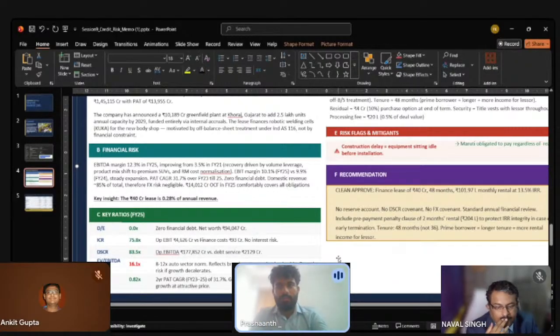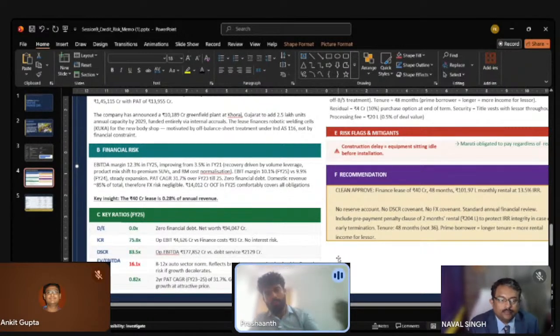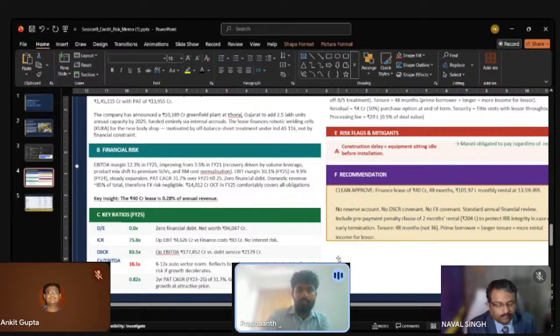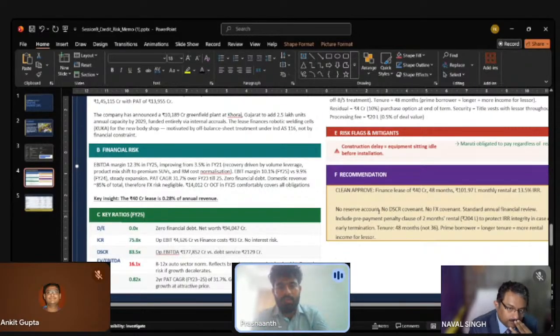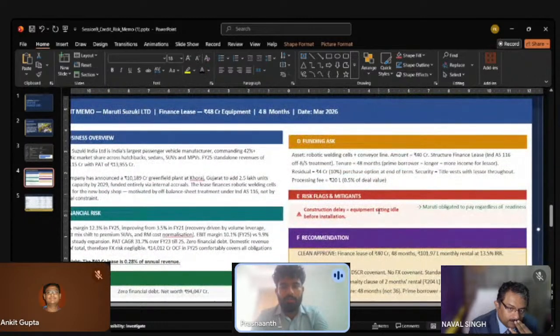And given that we're not entirely clear about the channel stuffing practices, although there is certain evidence that points towards it, like the sharp increase in receivables, and there is some evidence that points against also, so we are slightly inconclusive on that. But the key insight that we take from financial risk is that the 40 crore lease value for which they've come is only 0.28% of their annual revenue. It's not even 1%. So that is definitely a marker of confidence that we have.